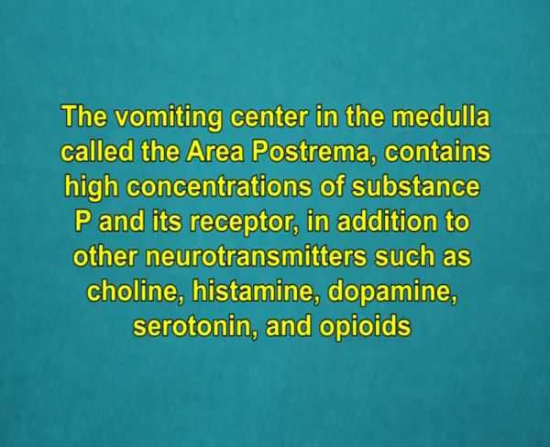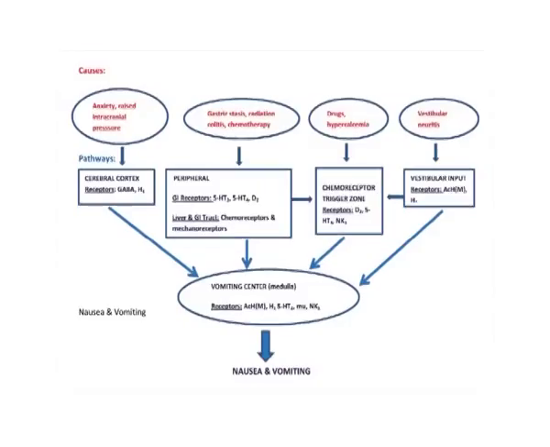In case of vomiting, the vomiting center in the medulla, called the area postrema, contains a high concentration of substance P and its receptor, in addition to other neurotransmitters such as acetylcholine, histamine, dopamine, serotonin and opioids. Their activation stimulates the vomiting reflex. Different emetic pathways exist, and substance P, NK1R appears to be within the final common pathway to regulate vomiting.